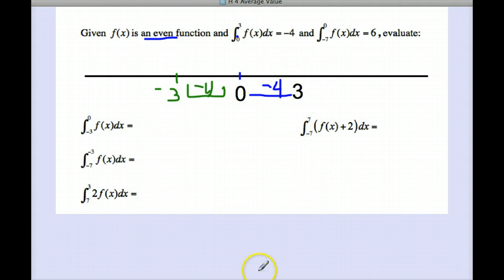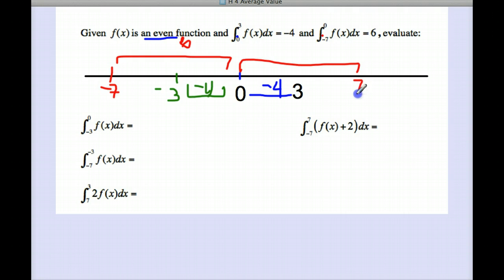If I take a look at the other function, it says from -7 to 0, so here's -7. -7 all the way to 0 has to equal a +6. Which means from 0 to +7, I also have to equal a +6.